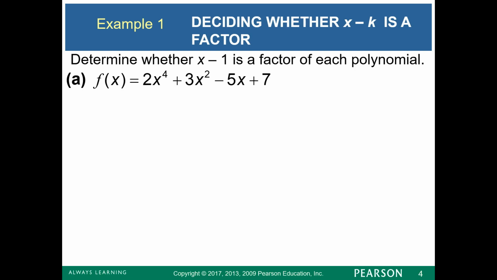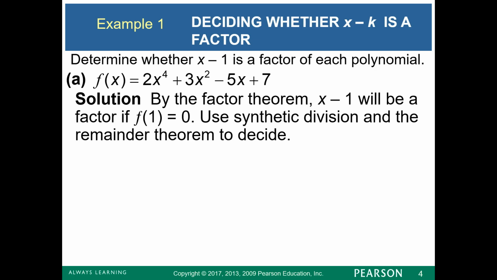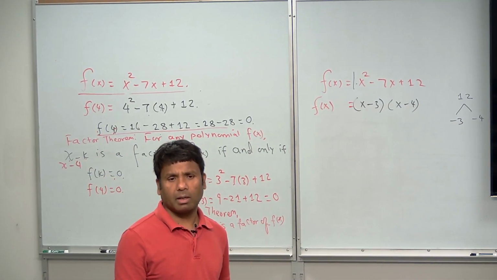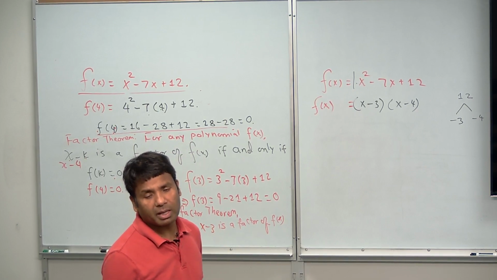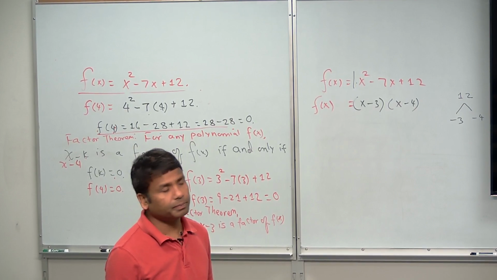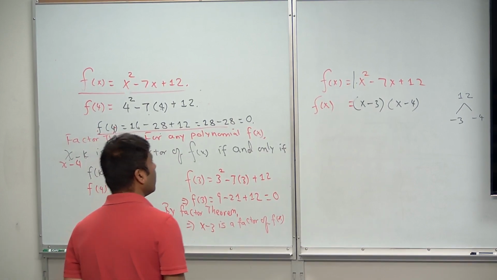If f(1) is not equal to 0, then x minus 1 is not a factor. Does that make sense? Now look here, they use synthetic division. Your f(1) is 7. Are you with me? So f(1) is 7, which means x minus 1 is not a factor.